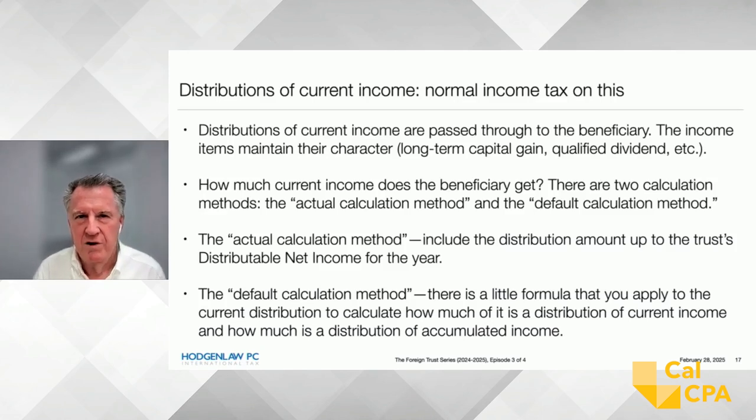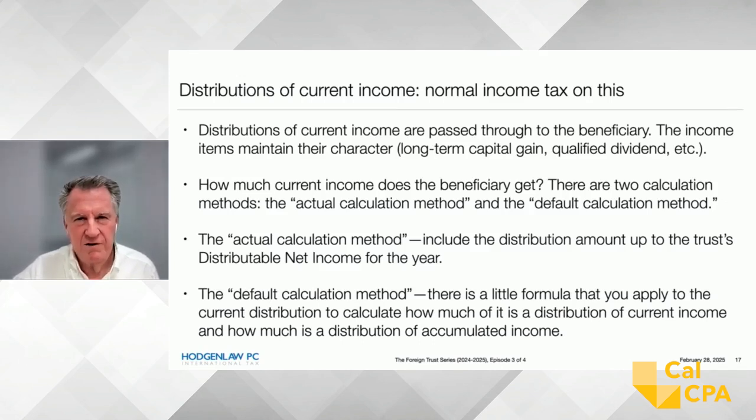The other method for calculating how much is ordinary income for the current year and how much is from accumulated income is called the default calculation method, or default method. And here we say, well, we don't have any trust records. They were lost in the boat accident. And therefore, we've got to find some way of calculating: if my beneficiary received $100,000, where did it come from?